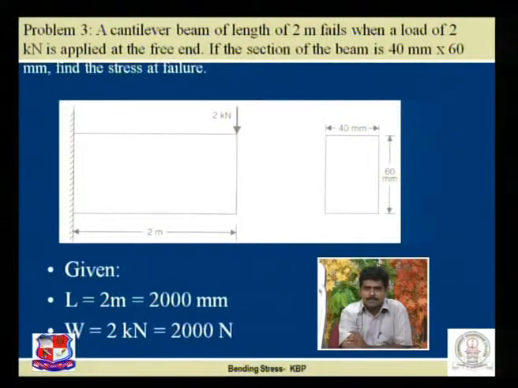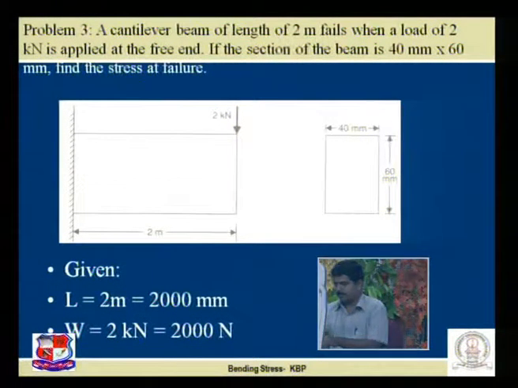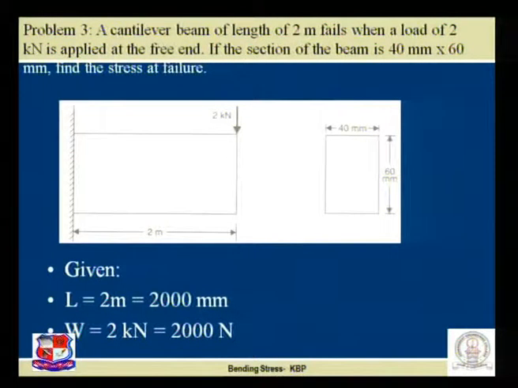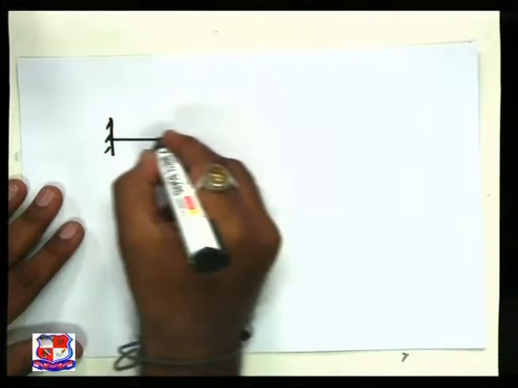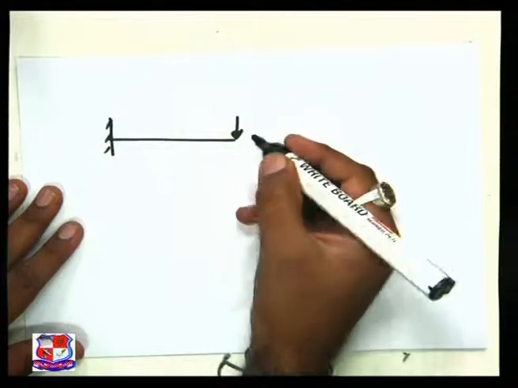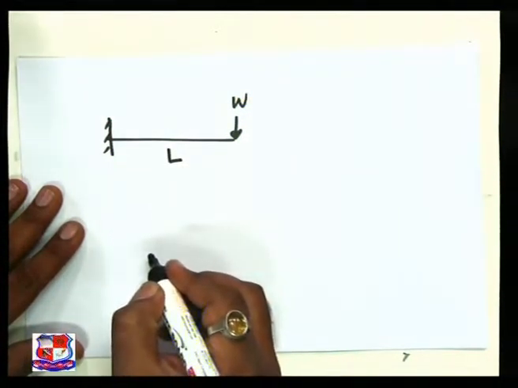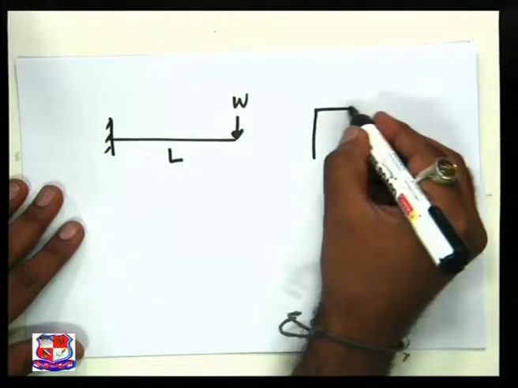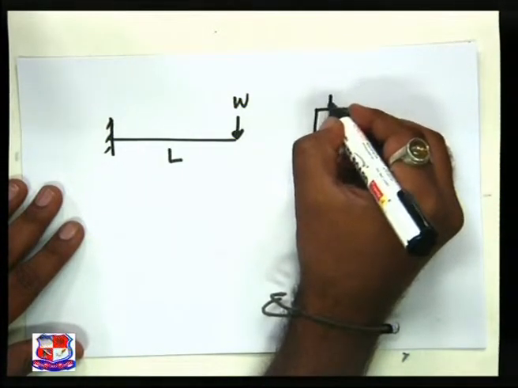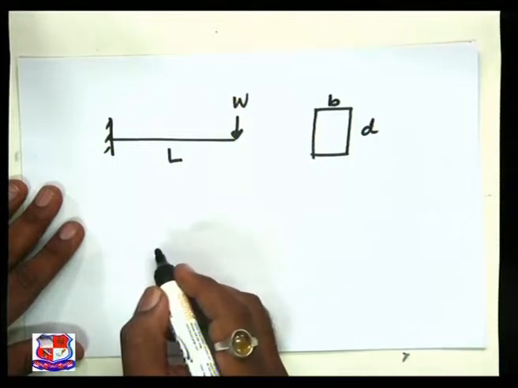Same logic for the stress at failure; let us understand the equation on this tabletop. This beam, the load, the length, and the cross-sectional dimensions B and D are all given to us.